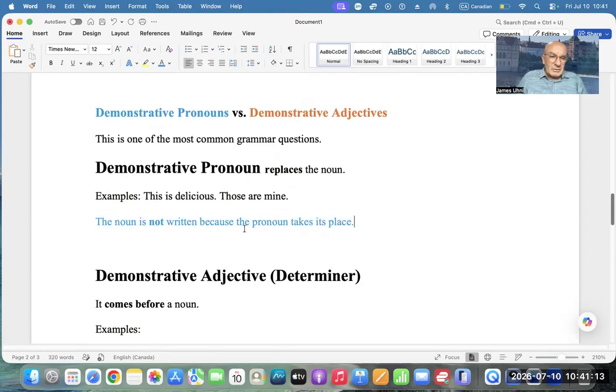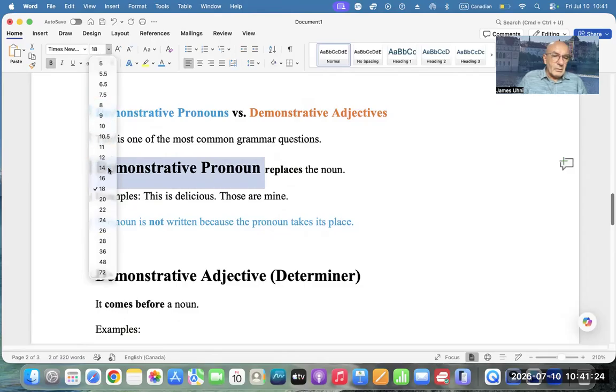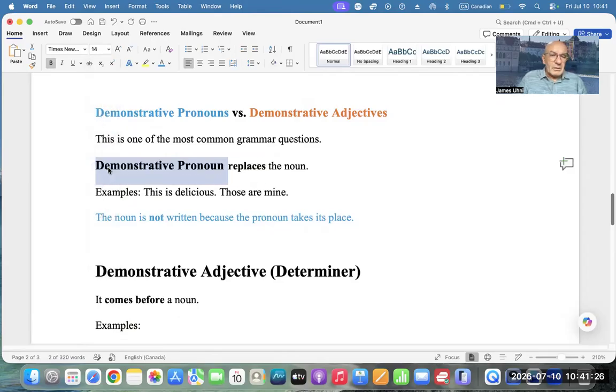Now, demonstrative adjectives. Why do I have it so big? I don't like it, so let's make it smaller. And demonstrative adjectives are determiners.